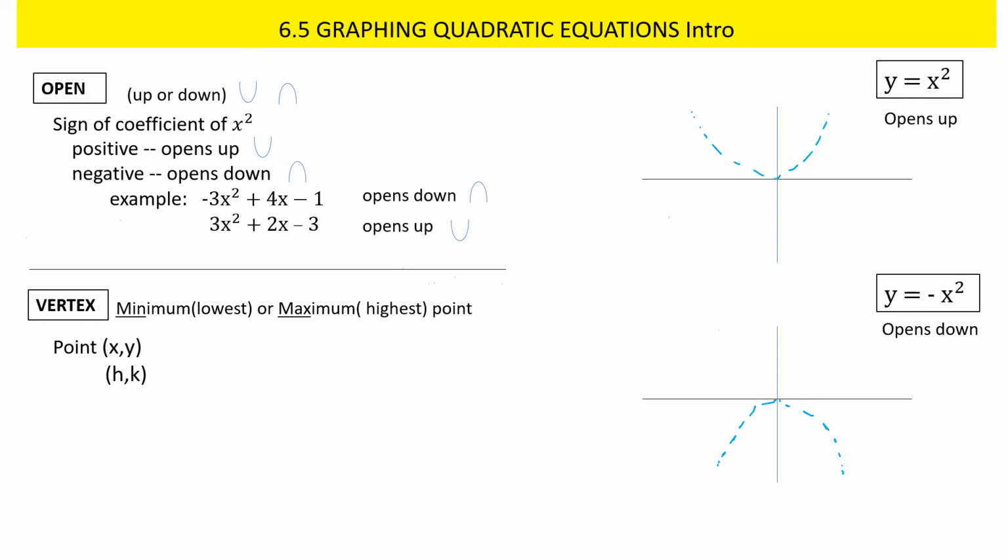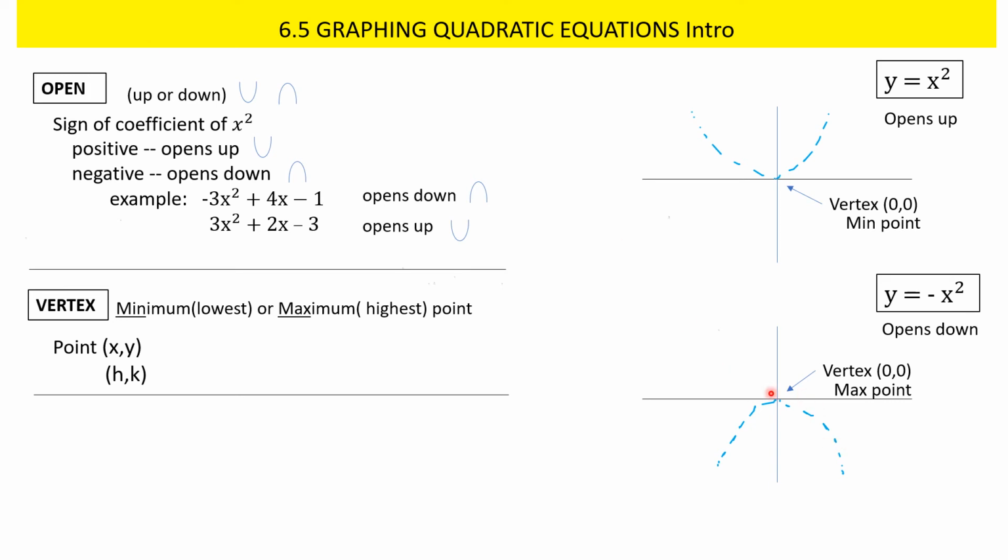So we come over here and look at the y equals x squared, and we're going to look for the lowest point on that parabola, and that is the vertex, and that is at (0, 0), where we started at the origin. And since it's the lowest point, it's the minimum. Now look at the y equals negative x squared. The highest point is the max point, and we call that the vertex also.